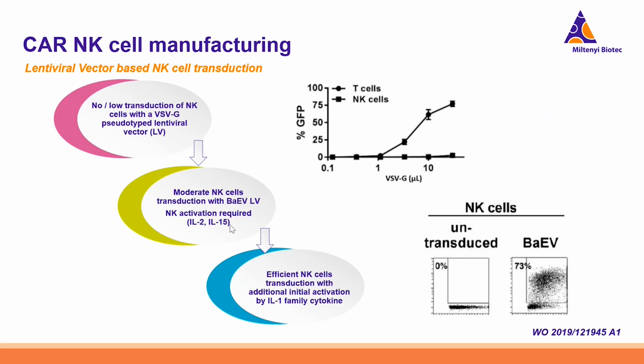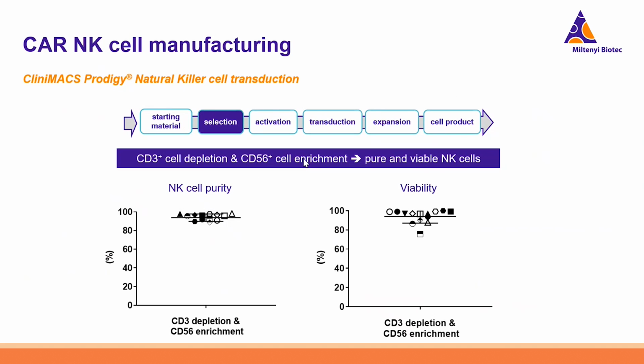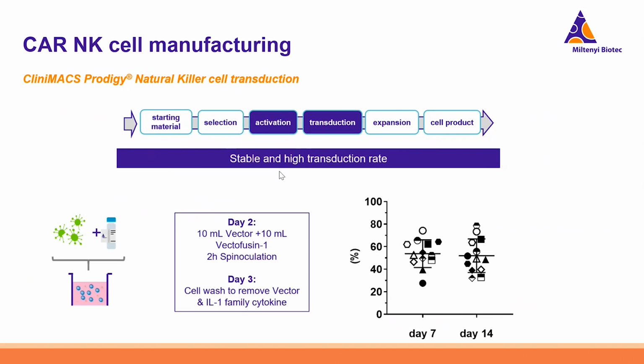And together with the different activation, like interleukin 2, 15 or the interleukin 1 family cytokines, we're able to have very good results. So just to give you a brief overview, once you complete the selection procedure, which is the depletion of T cells and enrichment of CD56 cells, using this procedure, you can get very high purity and very high viability. We do transduction at day 2.